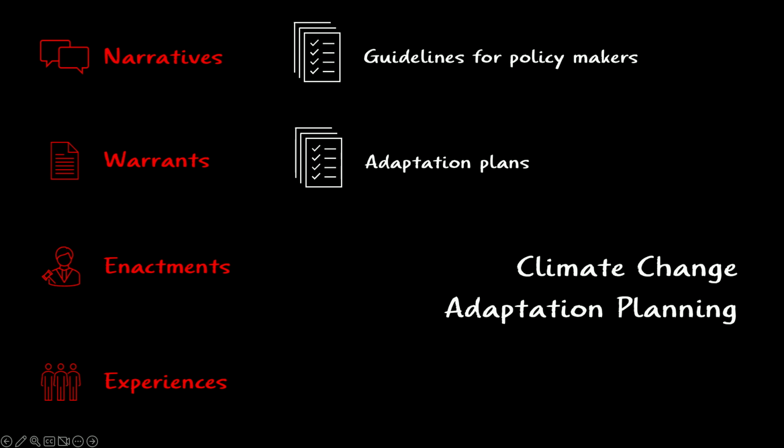Adaptation plans are being developed at all levels of government. A number of businesses are even starting to develop them. Lots of NGOs develop climate change adaptation plans, but primarily it's nations, states, municipalities, tribal groups, that sort of thing, that are typically developing these plans.